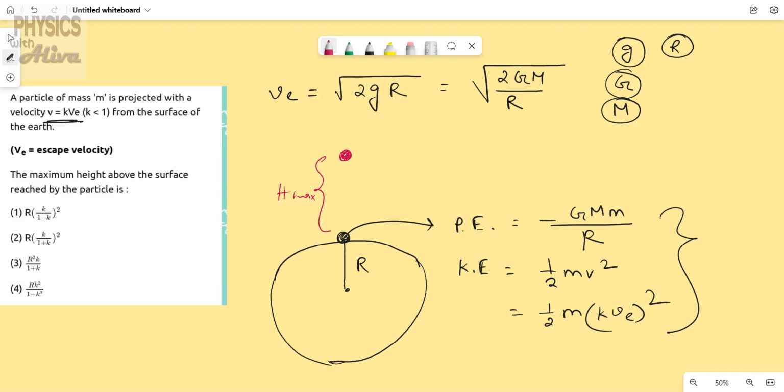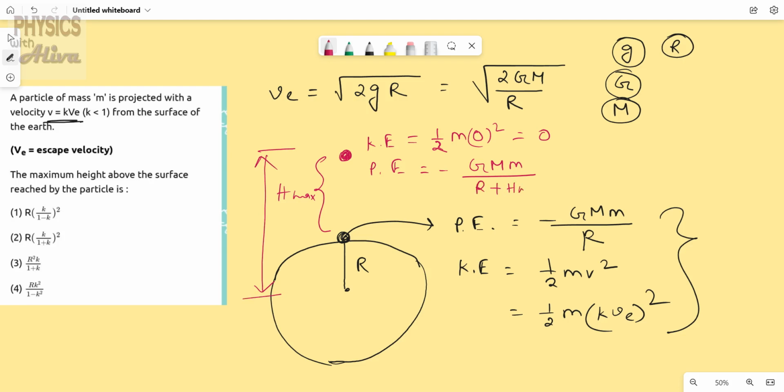Here the kinetic energy is half m into the velocity square, but at the maximum position the velocity is 0, so the kinetic energy will be 0, and the potential energy is equal to minus GMm divided by the distance. The total distance is R plus h max.